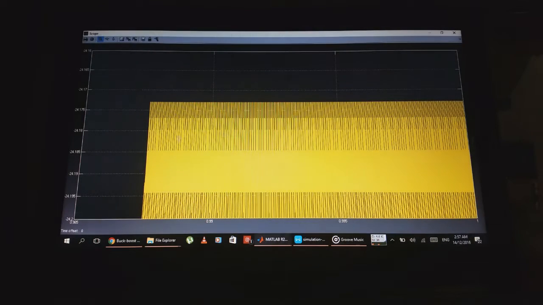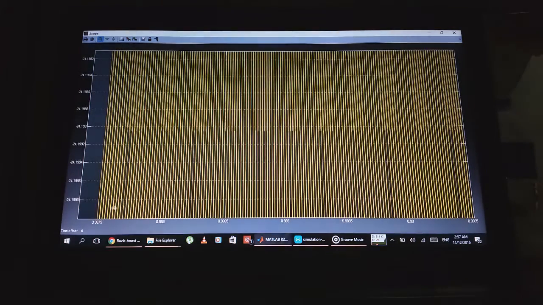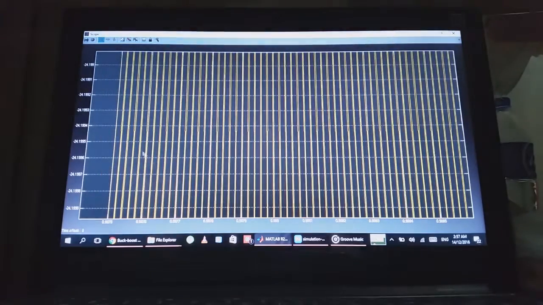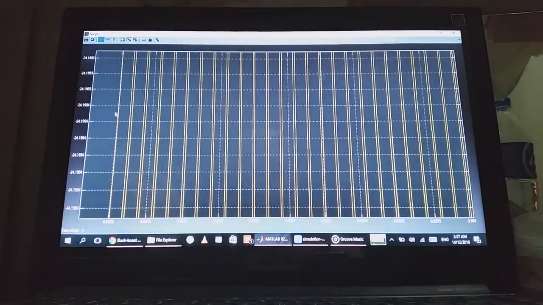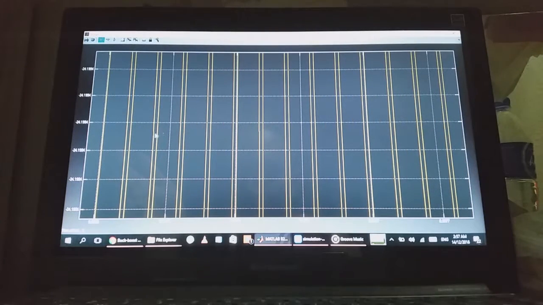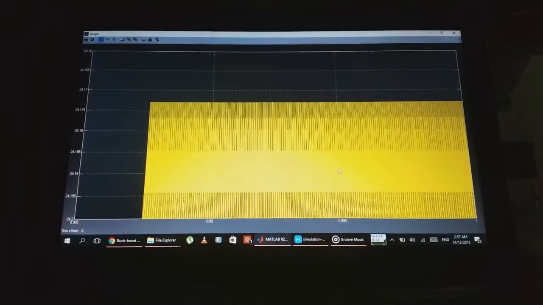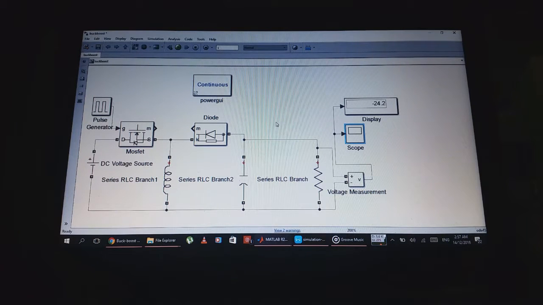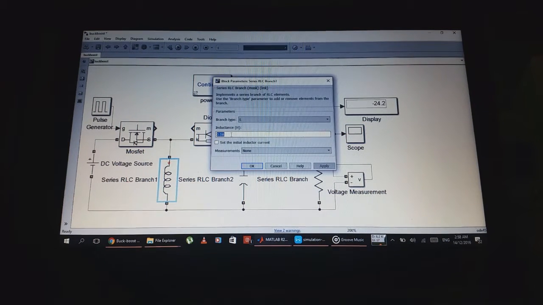We open the scope. We focus on the 24.2. It's over here, right? So let's take a look. Yeah, it's almost there. As you can see in the waveform, it's actually moving from this part to this part, and it's like a double layer of the line. So this is it for the second requirement, 150 ohm and also 80 mH.